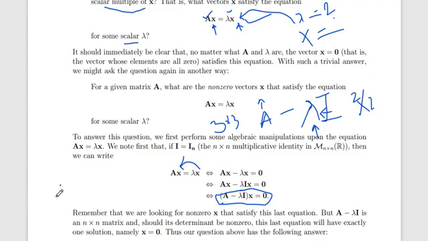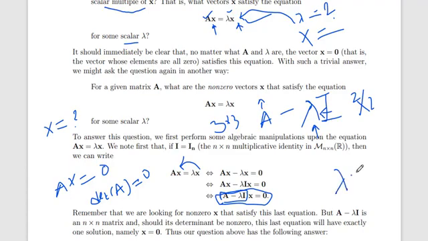Now we all know that if A into x is equal to 0, and we want to find x with infinitely many solutions, then the determinant of A is always 0. So we have to take the determinant of A minus lambda I and compare it with 0, and then we can find lambda.